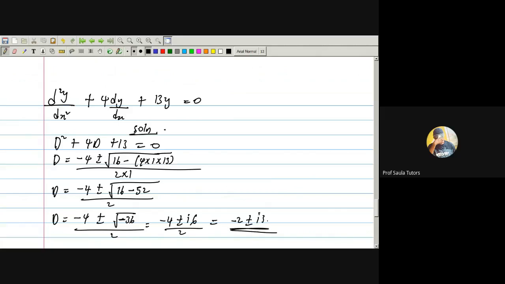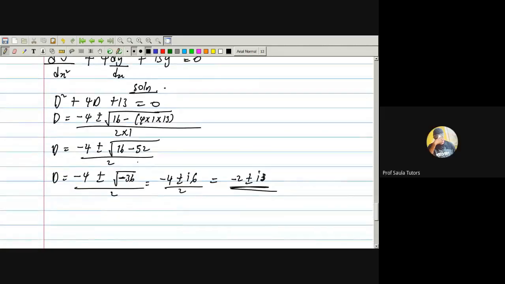So if you observe, remember I told you, I have a complex root now, which is minus 2 plus or minus 3i. Check, it's like this: alpha plus or minus i beta. Here, alpha is minus 2 and beta is 3. So how am I going to write my solution?